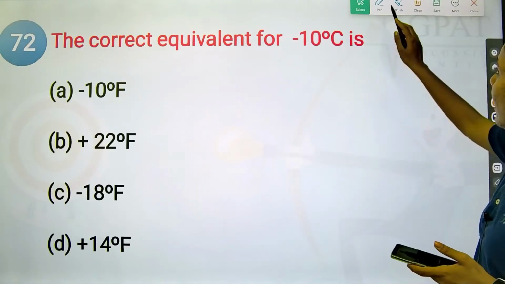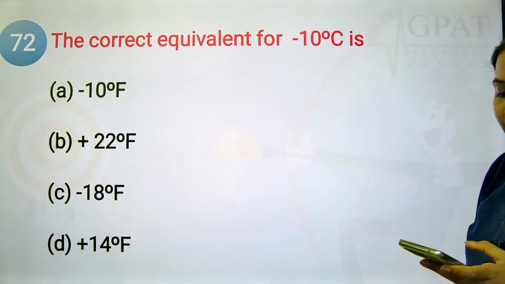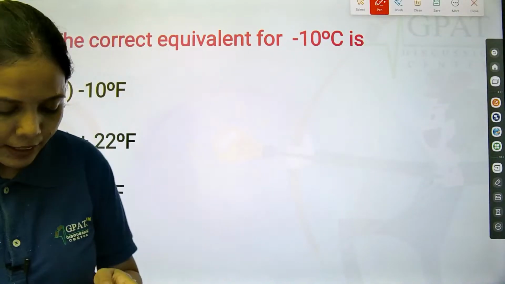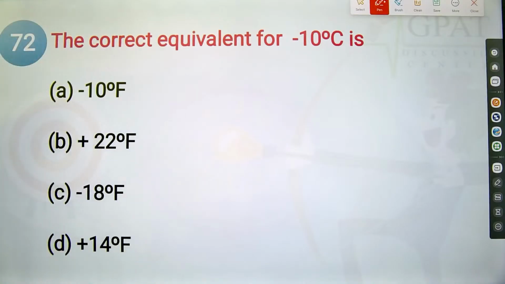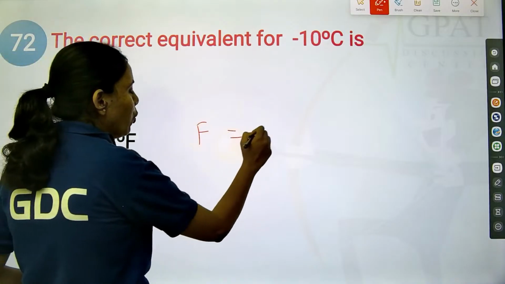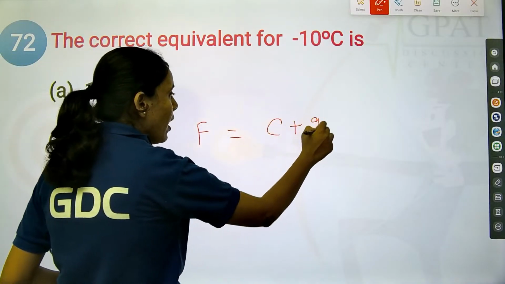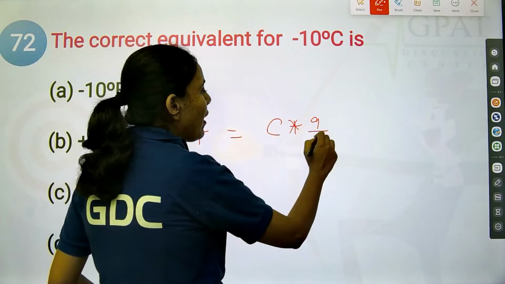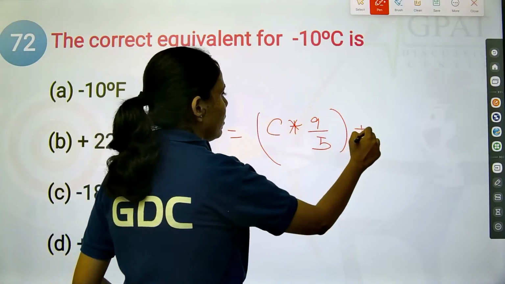The next is, the correct equivalent for minus 10 degrees Celsius is. What is the formula for conversion of degree Celsius to Fahrenheit? Anybody? The formula is F is equal to degree Celsius into 9 by 5 plus 32.